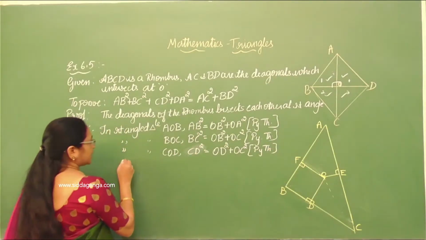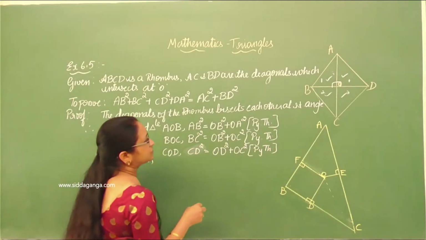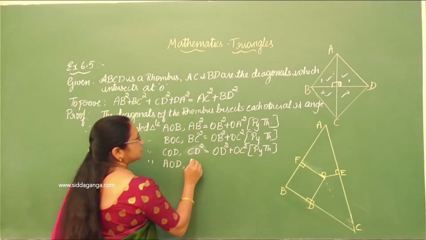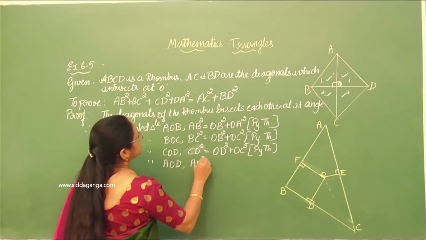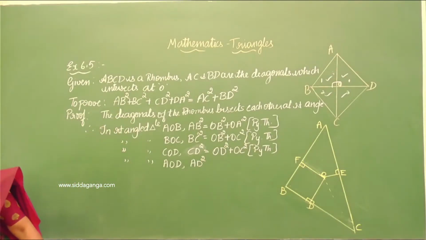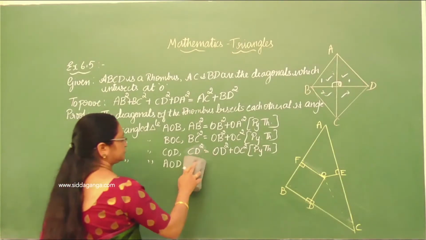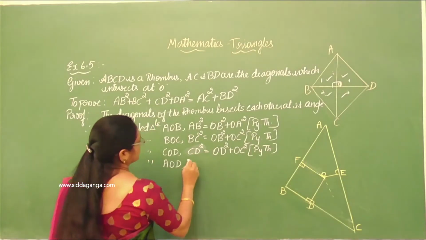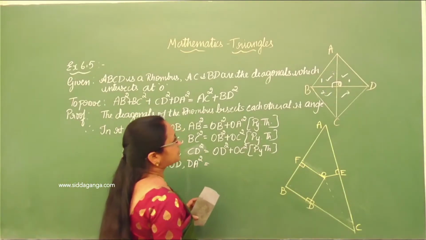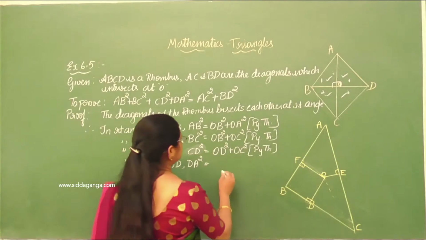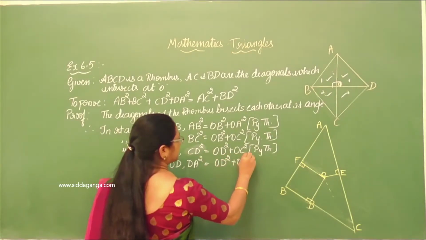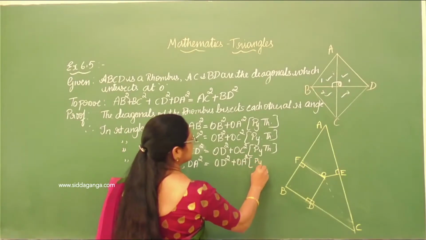Next, another right angle triangle we have, that is AOD. DA square is equal to OD square plus OA square, again by applying Pythagoras theorem.